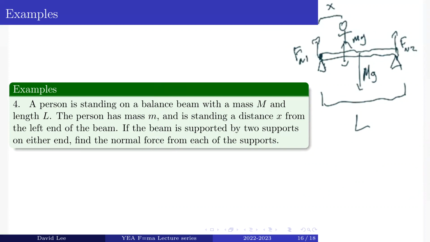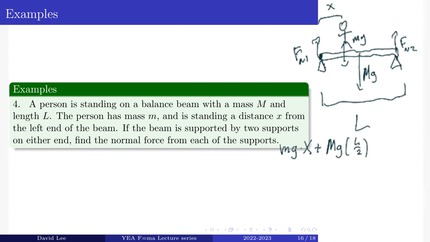So what's the torque around the left endpoint? Well, there's the person, so that's mg times x. And then there's the mass of the balance beam, so that's mg times L over 2.